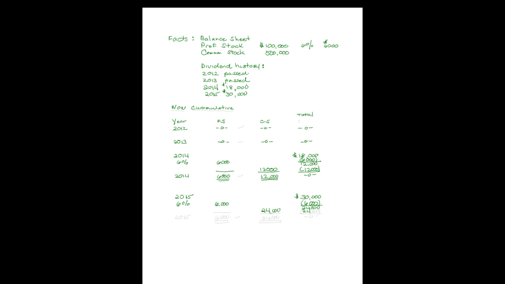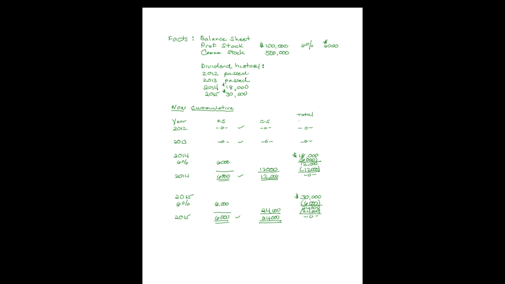Not earmarked for preferred stockholders. And we're through. The preferred stockholders get $6,000, and the common stockholders get $24,000, and that's how it ends up for 2015. Notice, nothing for the preferred in 2012 or 2013, $6,000 in 2014, $6,000 in 2015. That is the nature of payments if it's non-cumulative.